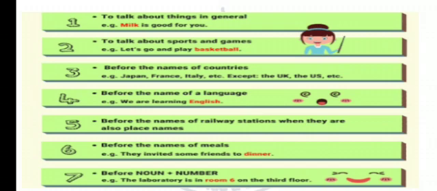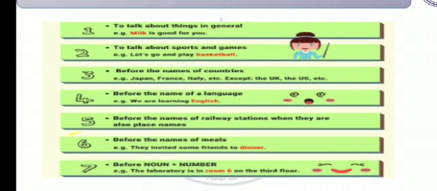Before the name of a language, English, Urdu, we are learning English, we will not use any article here. Before the names of railway stations, when they are also place names. Before the names of meals like dinner, lunch, breakfast. Before nouns plus number, like the laboratory is in room 6 on the 3rd floor. Here 6 is a number and room is a noun. So we will not use any article here.